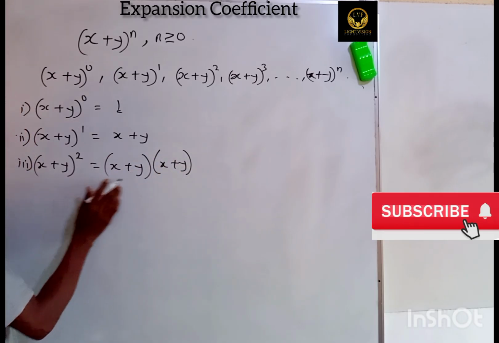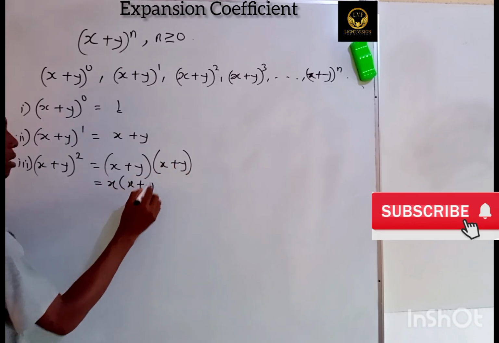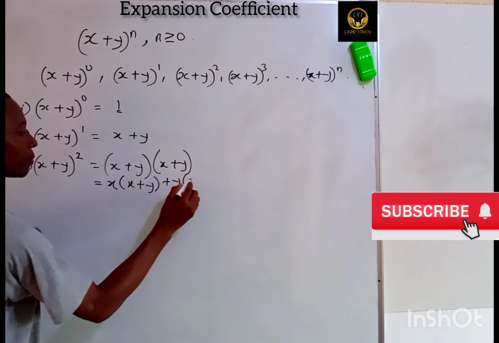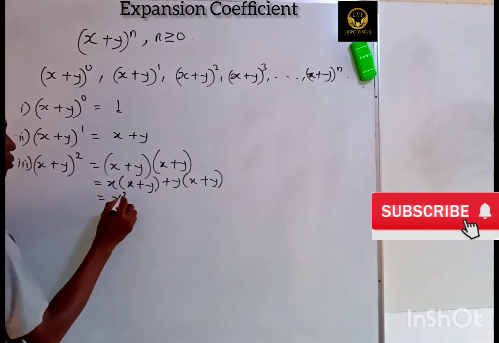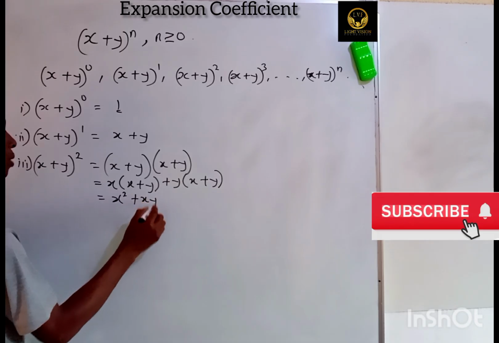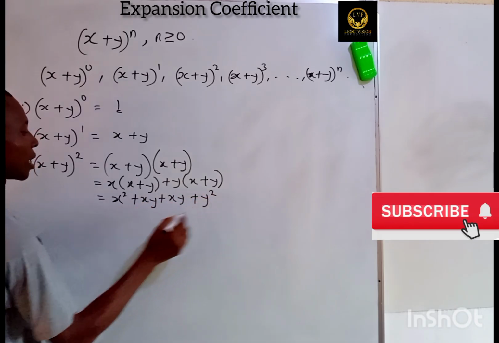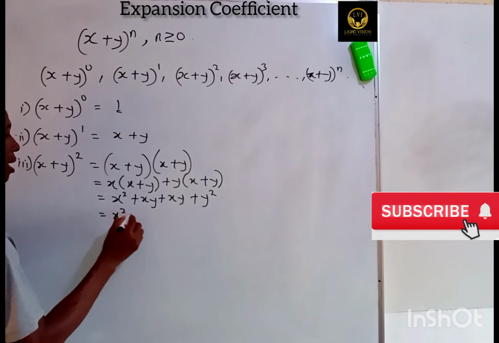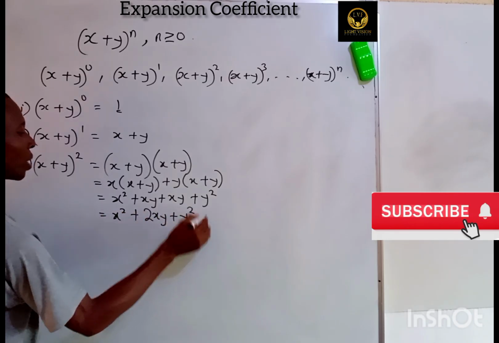Right, now when we expand this, we have this as x into x plus y, then plus y multiply x plus y. So this gives us x squared plus xy plus xy plus y squared. Then we have x squared plus 2xy plus y squared.